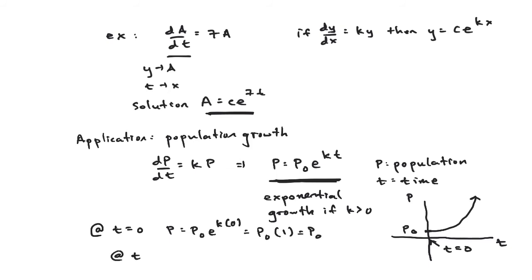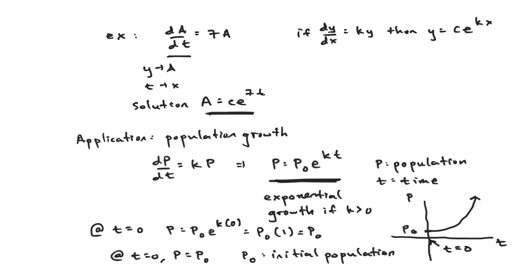So at t is equal to 0, p is equal to p naught. This p with a little 0 as a subscript, we pronounce as p naught. And p naught, since it's a population at t is equal to 0, is our initial population.